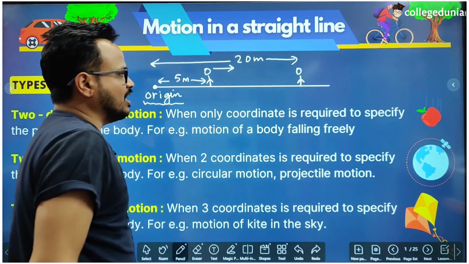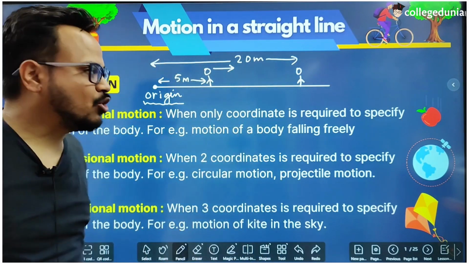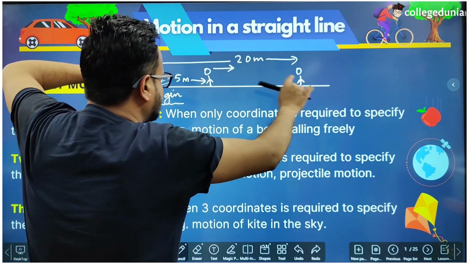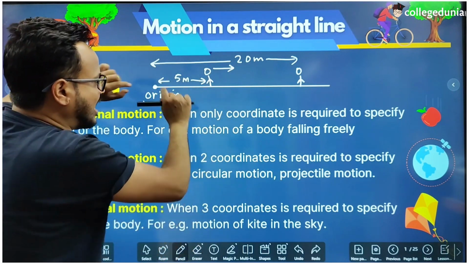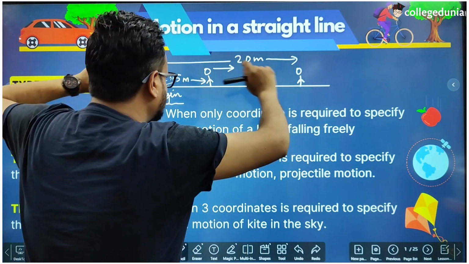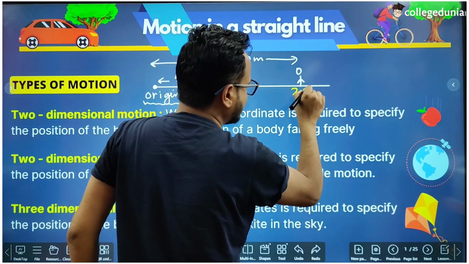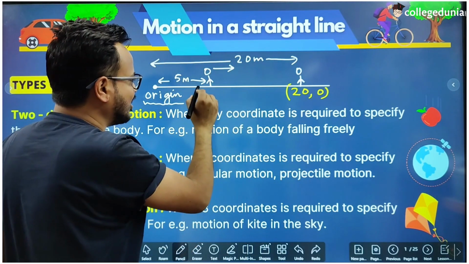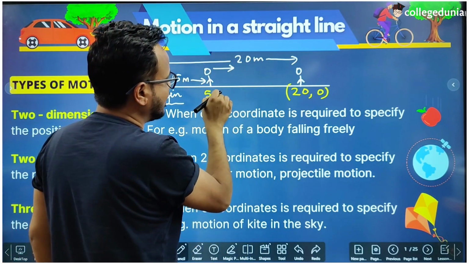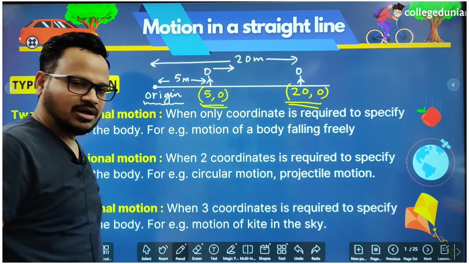So to specify the position of this man, only one coordinate is required, which is the distance of this man from this fixed origin. If we take this as x-axis, so in terms of coordinates, we will say that the position of this man is (20, 0) at this point, and position of this man at this point is (5, 0), right?